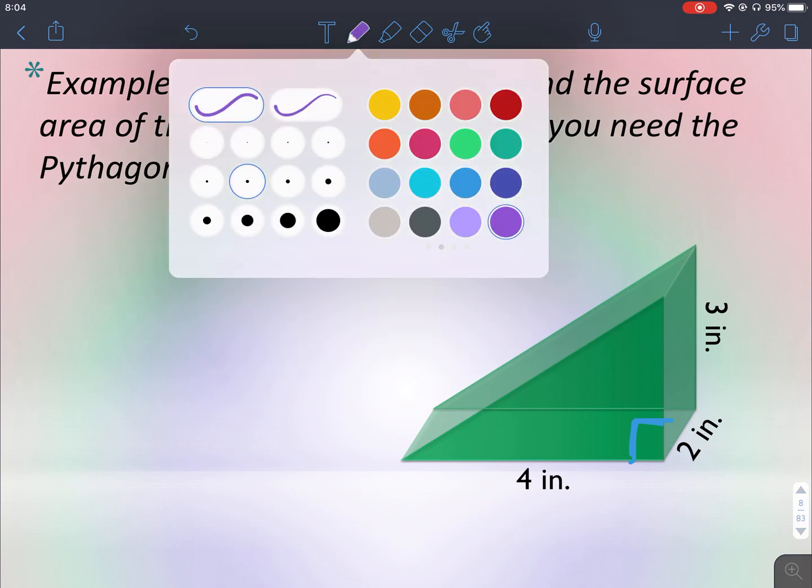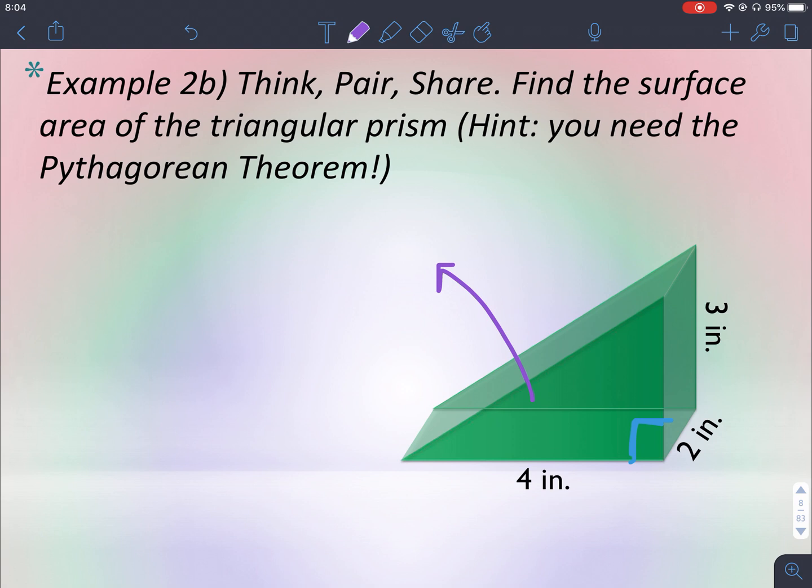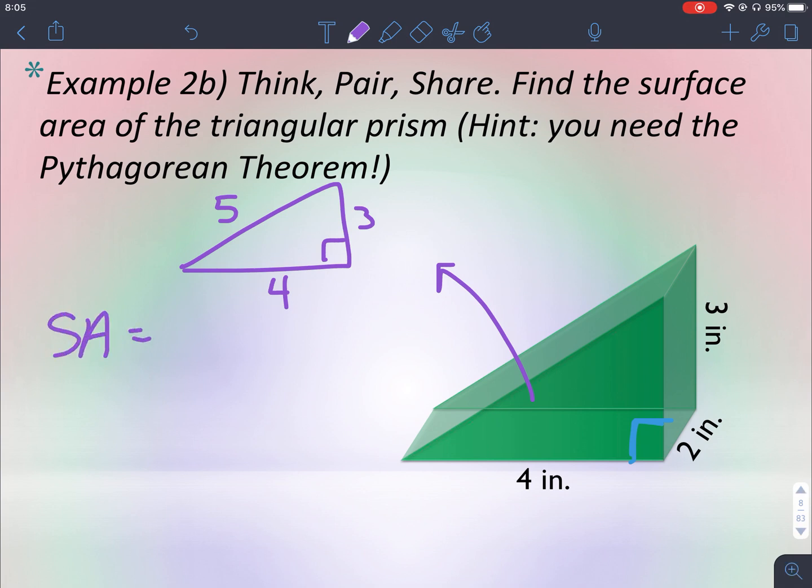All right, here we go. This is a right triangle with a height of 3 and a base of 4. That means 3 squared plus 4 squared is going to equal 5 squared. So the length diagonally is going to be 5. And then the surface area is going to be 2 times the area of the base plus the perimeter times the height.